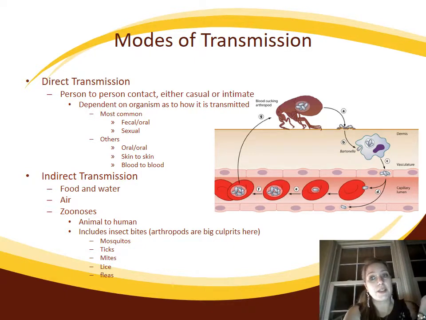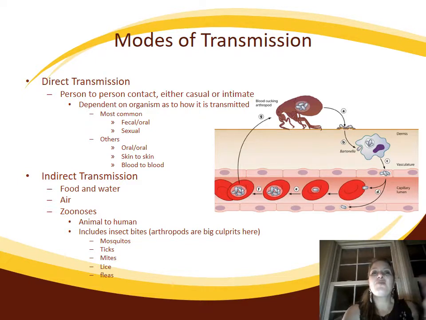Someone who has changed a diaper and not thought about it, not sanitized their hands afterwards. So nobody's walking around eating poop to my knowledge. Well, okay, I'm sure somebody is, but that's neither here nor there. Generally, it is some type of cross-contamination for fecal-oral.